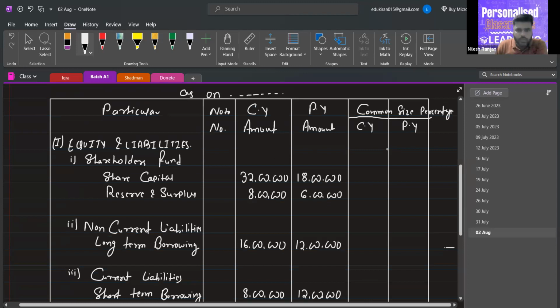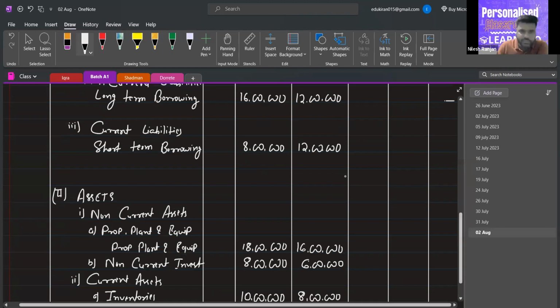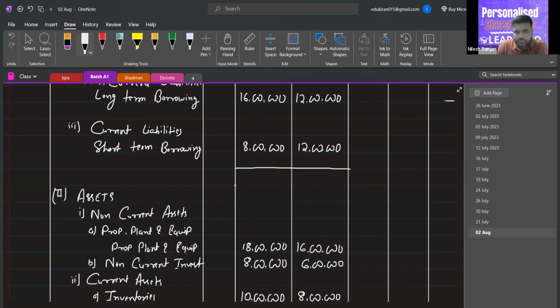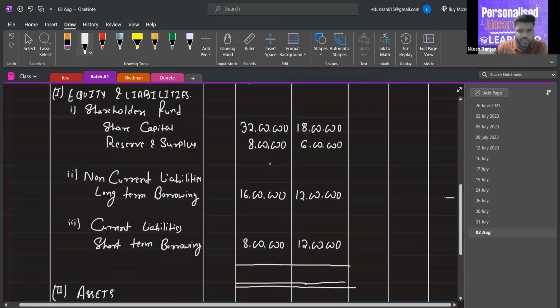Now, we have to calculate percentage. First of all, in the balance sheet, the base item is the total of the balance sheet.